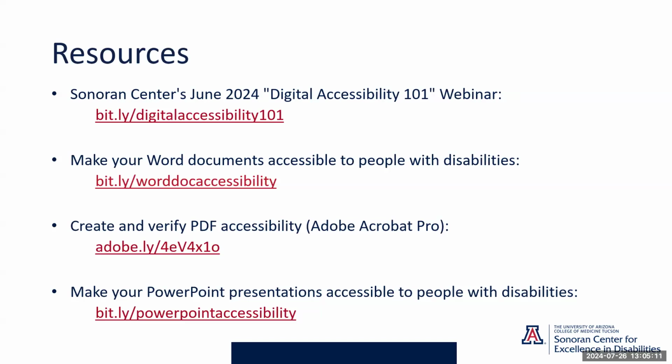We'll also be sharing these in the chat. Here's a copy of our Digital Accessibility 101 webinar that again has a high-level overview of digital accessibility and covers accessible graphic design practices. And then here are some resources from Microsoft and Adobe to help you understand how to better make your documents accessible.